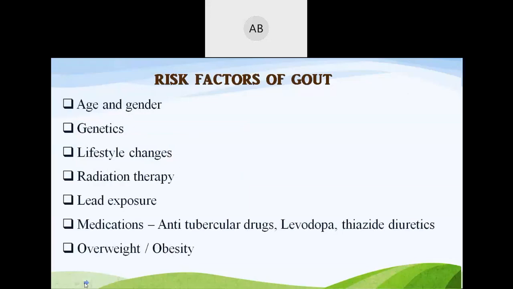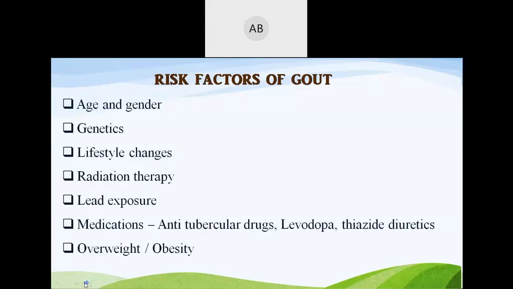There are some other risk factors for gout. Now already I told age, okay? Most of the time, adults are more prone to get gout. Then gender, both men and women. Along with that, genetics or family history will play a major role.